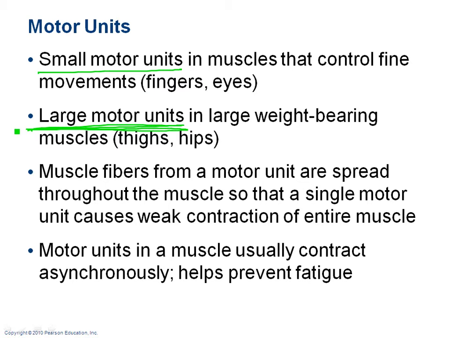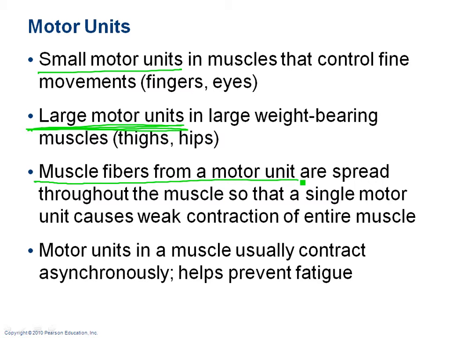Another important thing to keep in mind with motor units: if the motor neuron in that unit generates an action potential, all of the fibers are going to contract. The whole motor unit contracts in unison. Muscle fibers from one motor unit are spread throughout the whole skeletal muscle, not bundled up closely together.